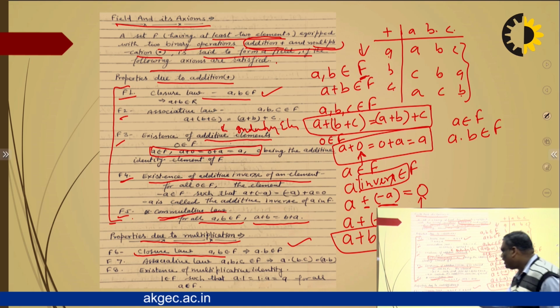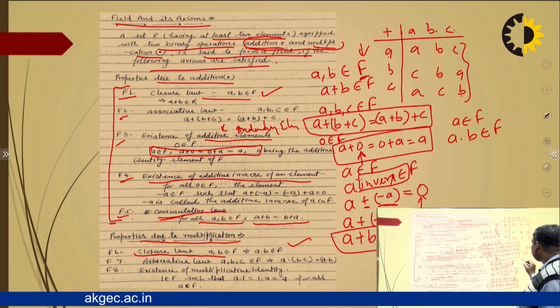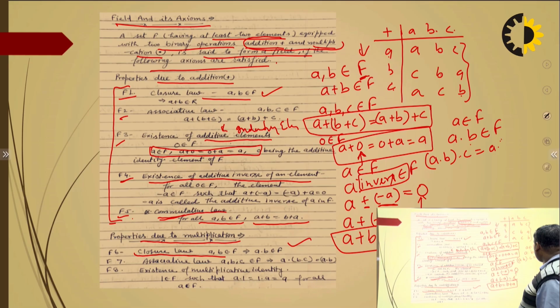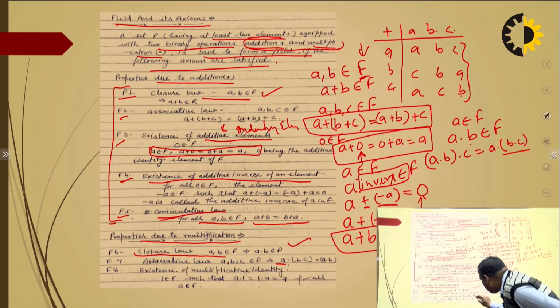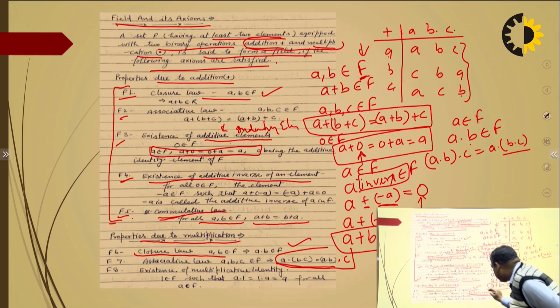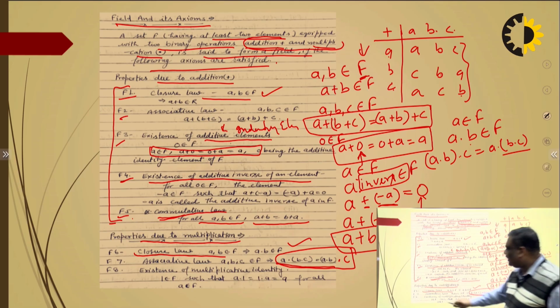In the same way, associative means (A dot B) dot C equals A dot (B dot C). We can easily see that this holds, so this one is associative.